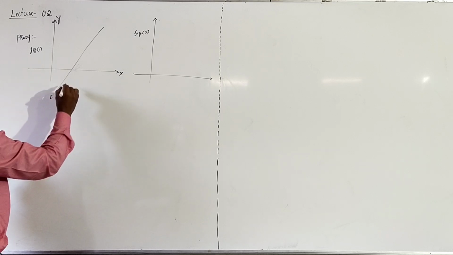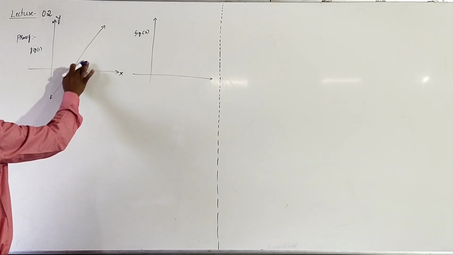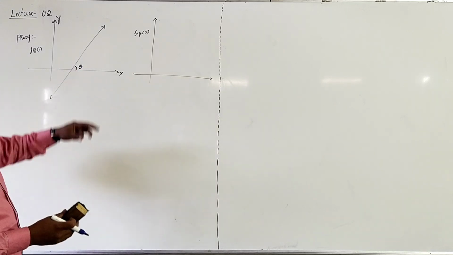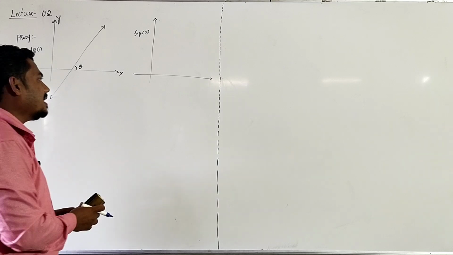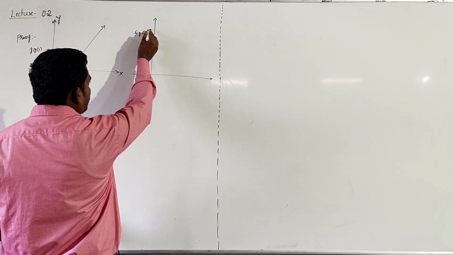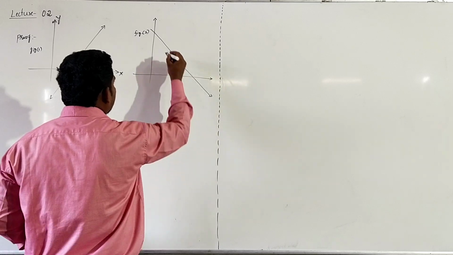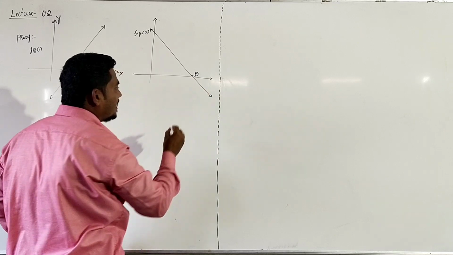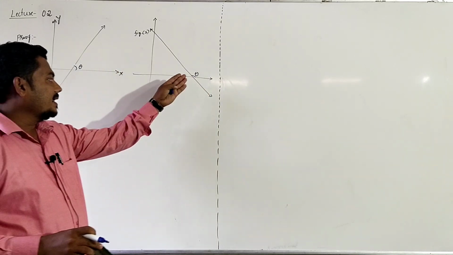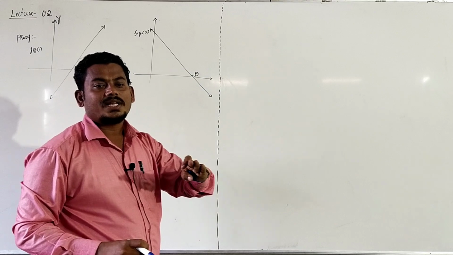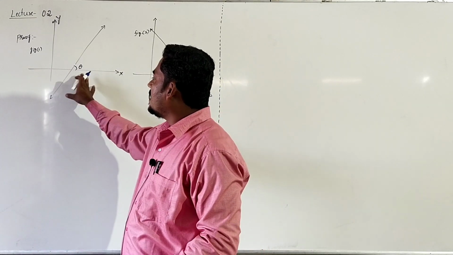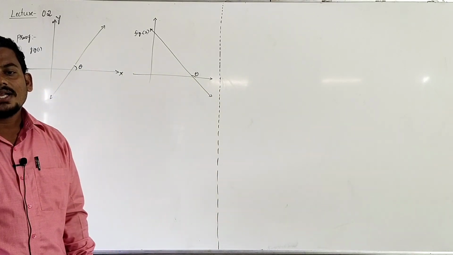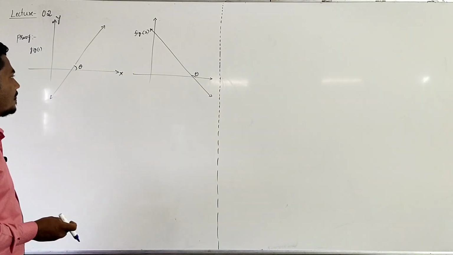Clearly this angle is theta and it is an acute angle. And in one more case, the straight line may be like this, which means the inclination is clearly more than 90. This is also theta. In this case the inclination is more than 90, and in the other case less than 90.